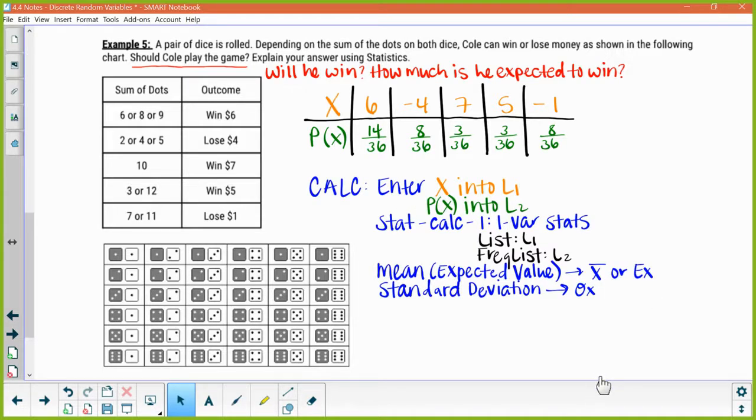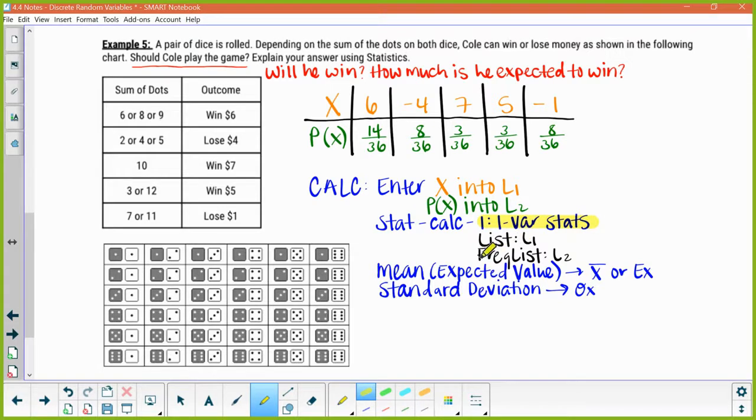This is something we have done before. We're going to enter our X, our outcomes, into L1. We're going to enter our probabilities into L2. And then we're going to do one var stats, which we've done before. The only difference, every time we've done it before, I've said leave frequency list alone. You don't have any frequencies, don't bother with it. This time we do.